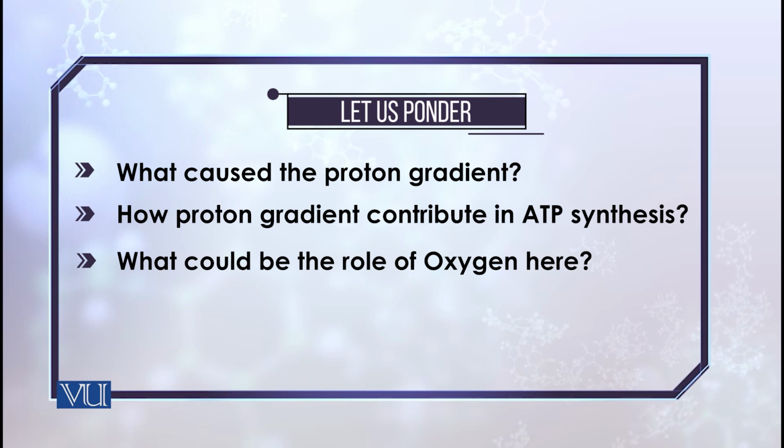What could be the role of oxygen here? Very important. Oxygen was there, it was taking the electron, giving rise to water formation. But after getting reduced, what else did it do? What is the real benefit of using oxygen here? Is it all that water is formed?